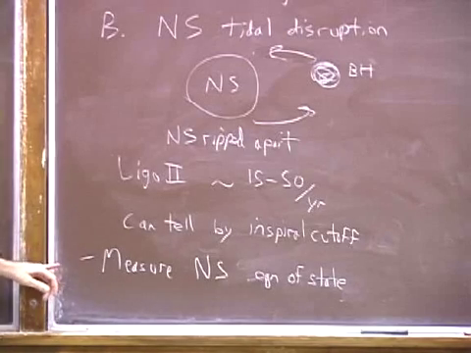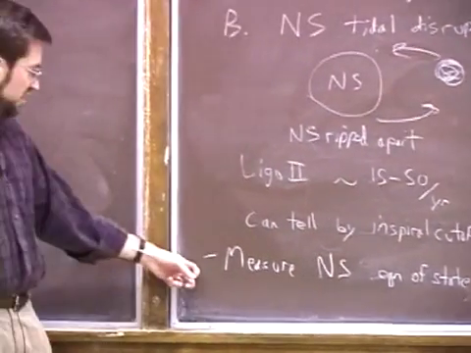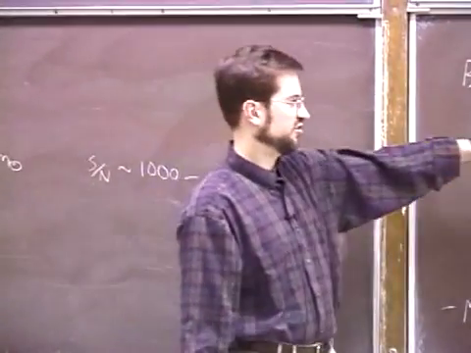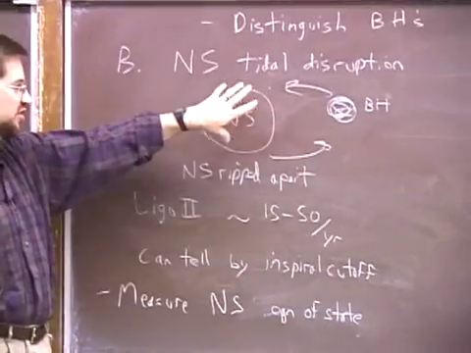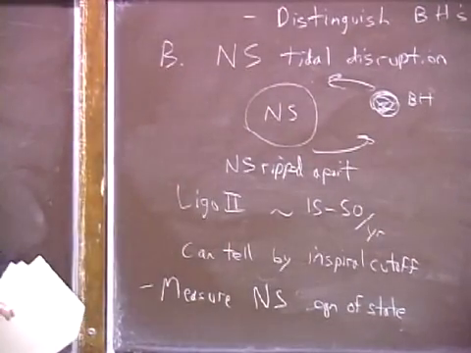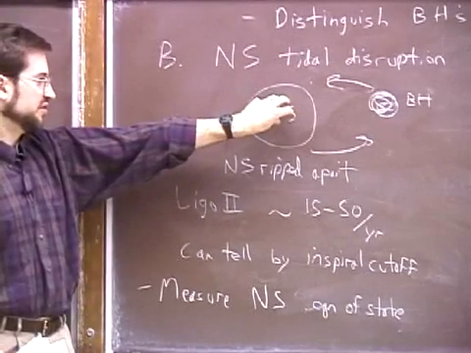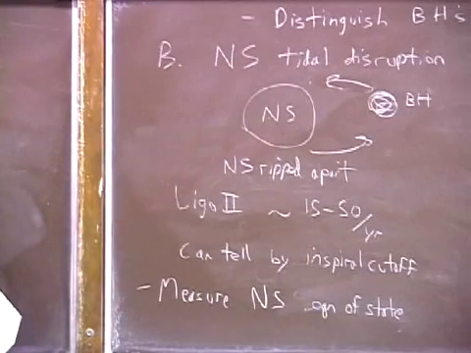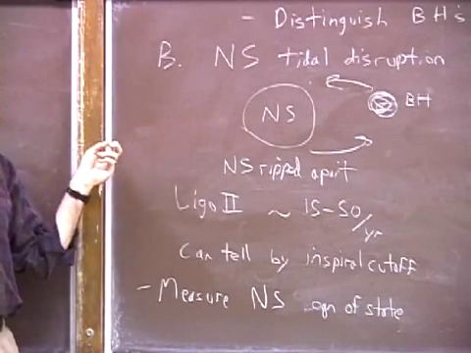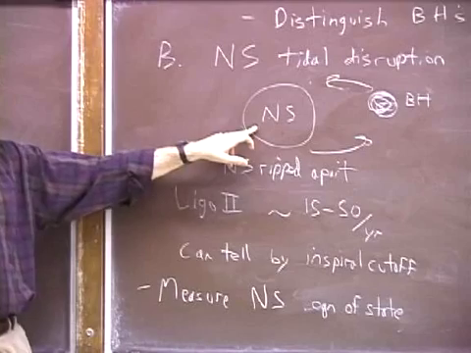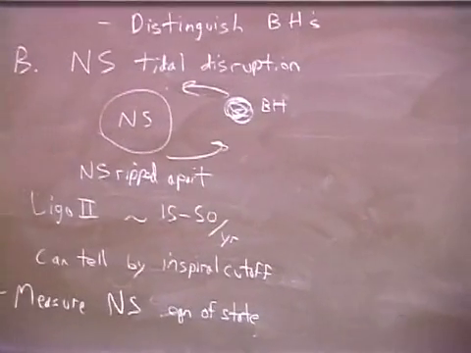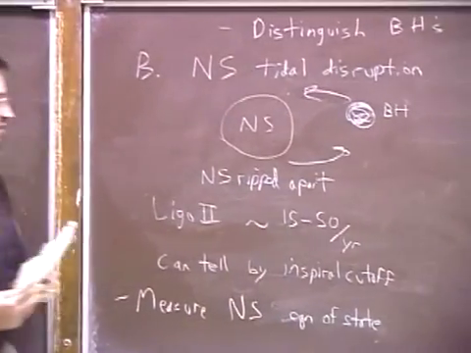The reason you can measure this is because the exact point at which this in-spiral will cut off, and exactly what's going to happen, is going to depend on how big the neutron star is, and on the distribution of matter inside that neutron star. So for instance, right now, our best guess for the size of a neutron star, so for a given mass, ask what the radius is, we only know that up to a factor of 2.